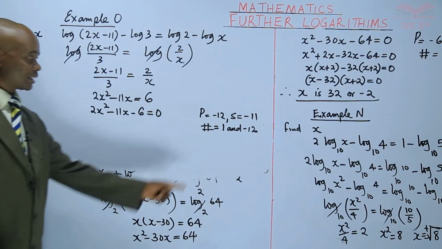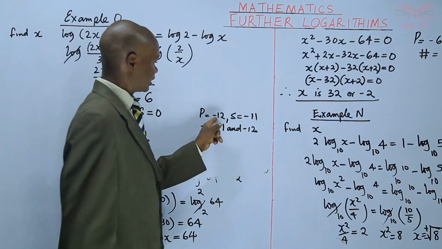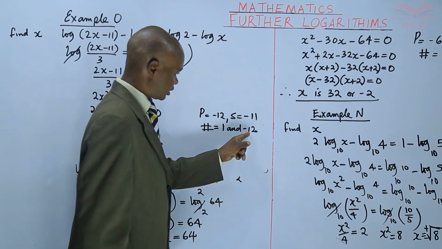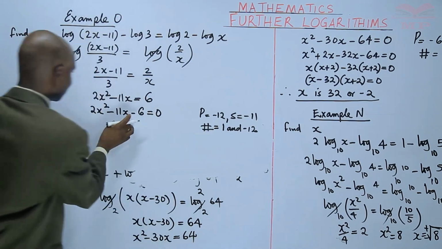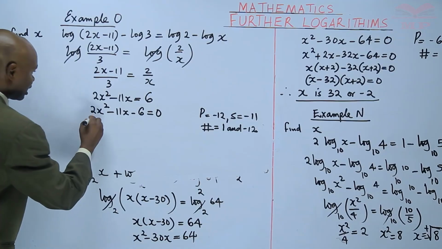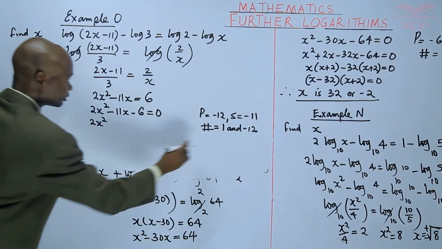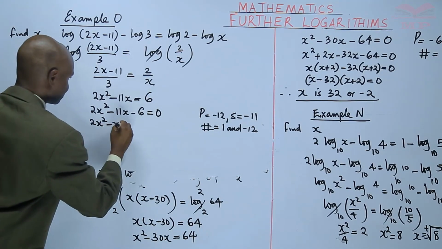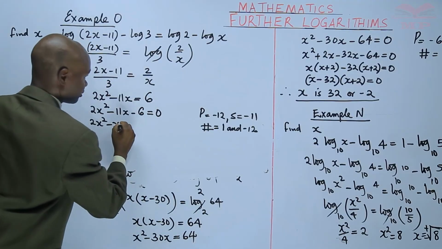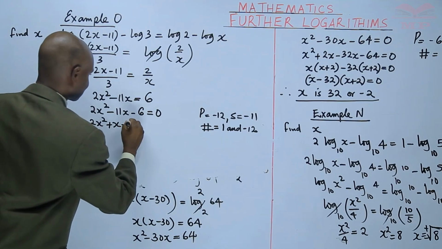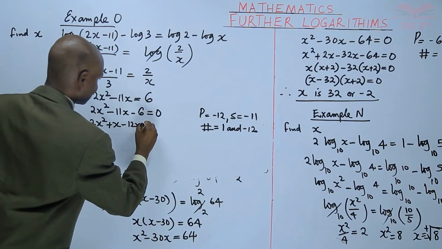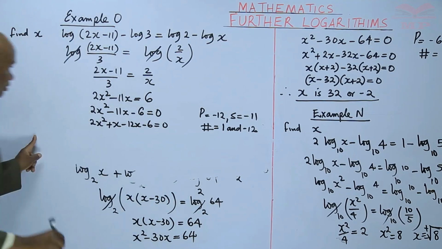It's true: 1 times negative 12 is negative 12, and 1 plus negative 12 gives you that one. So you'll bring them and break up this. So you'll have 2x squared minus 12x plus x minus 6 should give me 0.